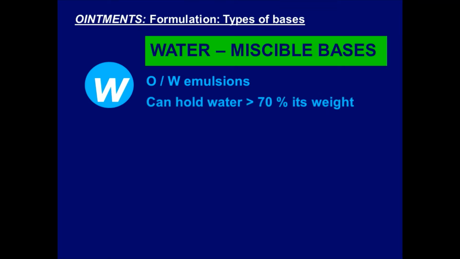This base can hold a very high amount of water. It can hold more than 70% of its weight in water. So the water number of water-miscible bases is relatively very high.